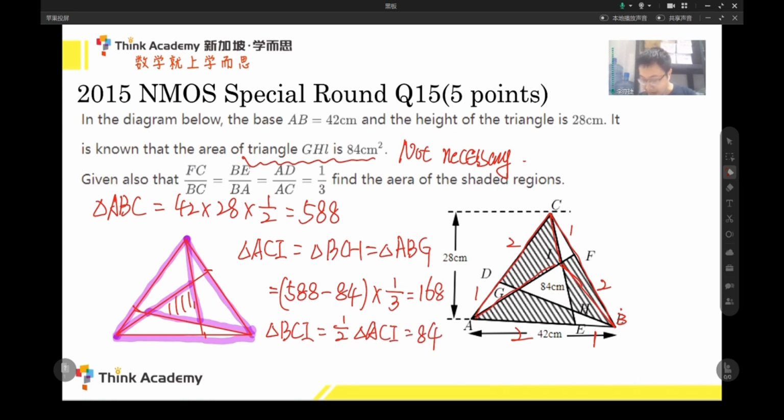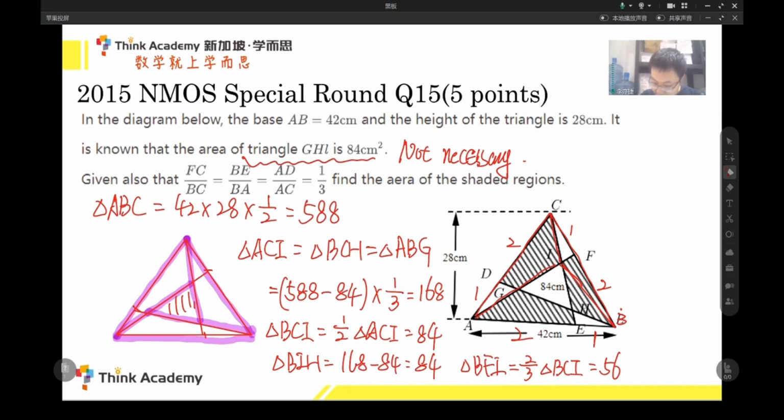So BCI is 84, then BIH is 84 as well. And for BFI here, which is 2/3 of BCI, that makes it 56.